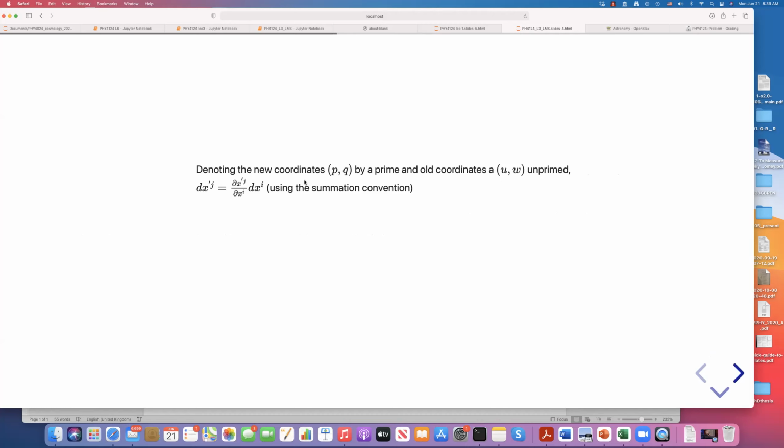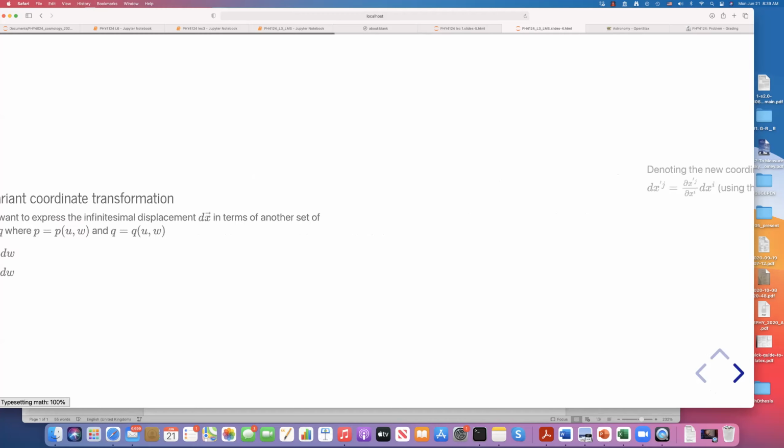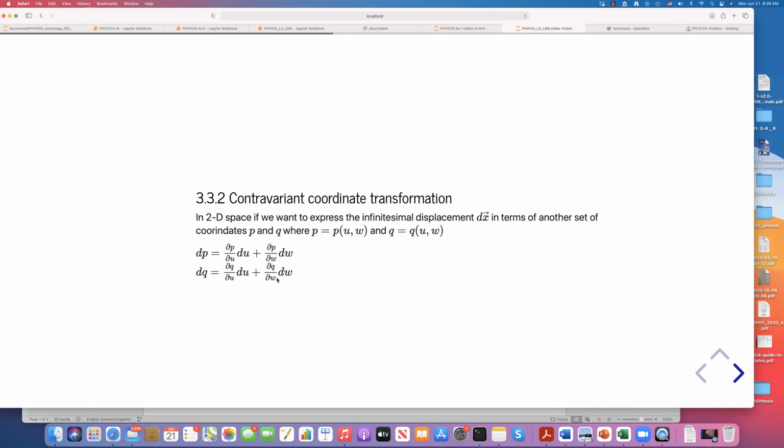Now, if you denote these new coordinates p and q by a prime and the old coordinates by an unprimed notation, you can use the summation convention again to write this set of equations from one single expression, right? So this is what you have to understand here.